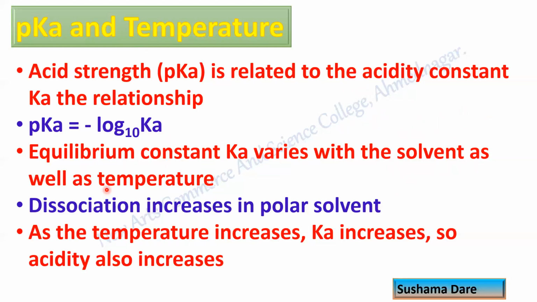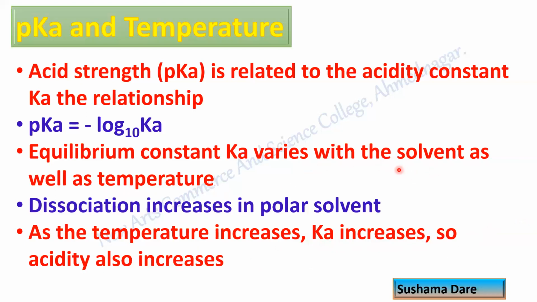Now, what happens with the temperature? As you increase the temperature, the dissociation also increases. As the dissociation increases, automatically the equilibrium constant also increases. So as the equilibrium constant increases, the pK value decreases, so the acidity also increases.